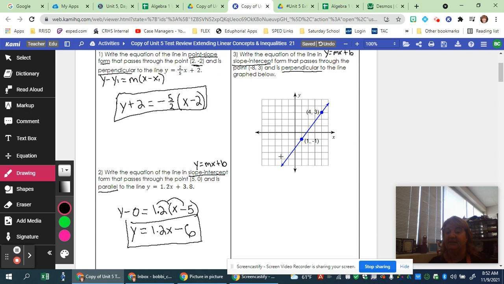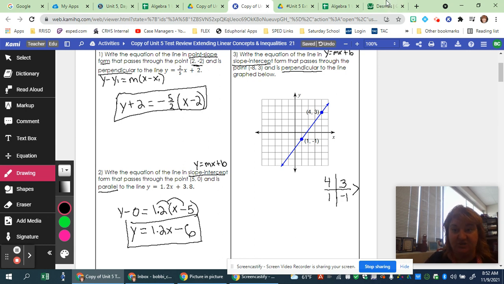So the first thing I'm going to need to know is the slope. In order to write the line that's perpendicular, I need to know what this slope is, right? So this slope is, let's make a table, 4, 3, 1, -1. What is my change here? 3 to -1.